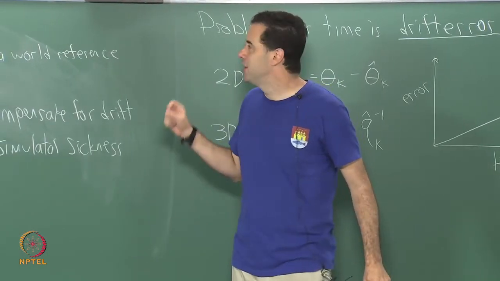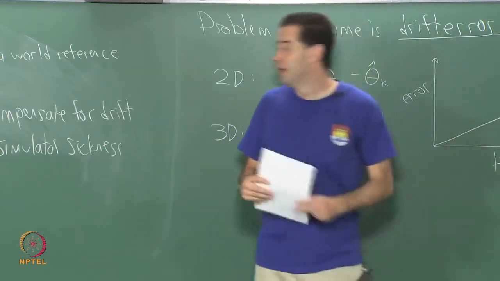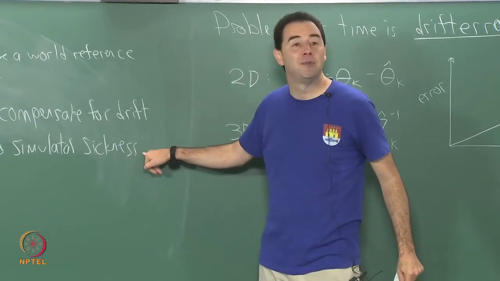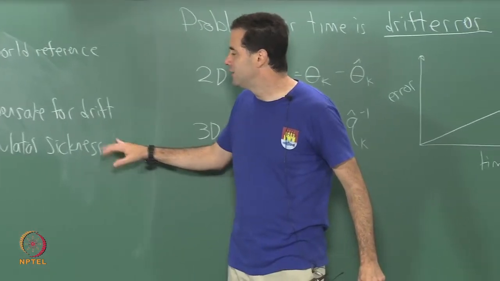It may be the case that your gyro is so bad and this drift rate grows so fast that there's no way to compensate for it without causing some kind of sickness. So it could be the case that it's so sloppy that you cannot compensate quickly enough and still be within thresholds.